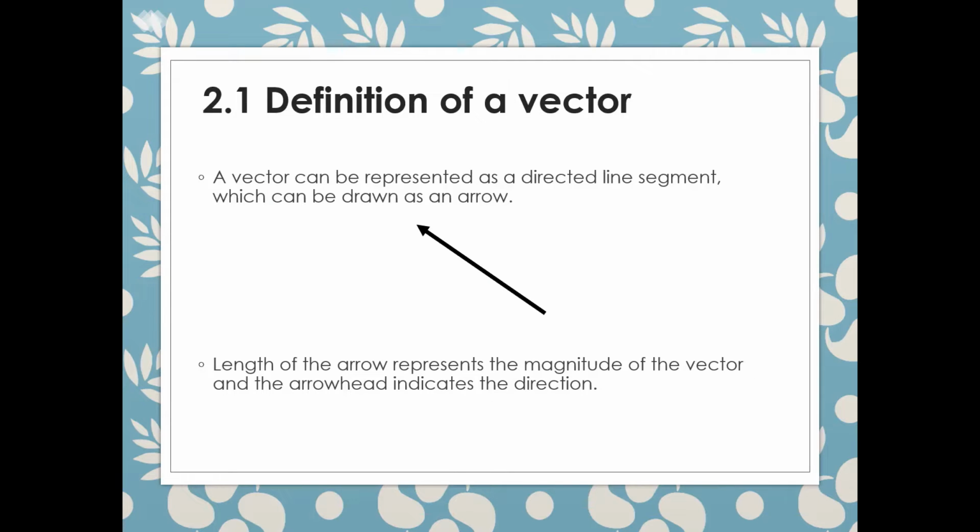Typically, a vector is illustrated as a directed line segment which can be drawn as an arrow. The length of the arrow represents the magnitude of the vector, and the arrowhead indicates the direction.